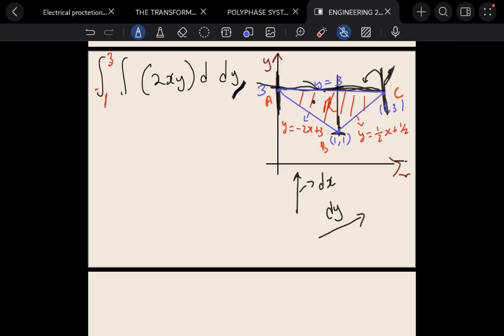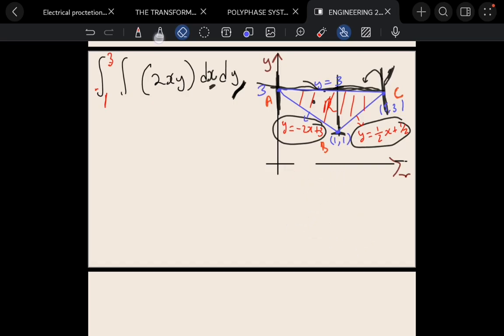And the inner integral now is going to be dx. Since this inner integral is in terms of x, every equation that you see here which has y as the subject of the formula, you need to try to write in terms of x.